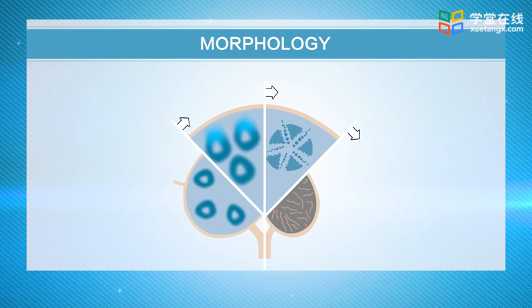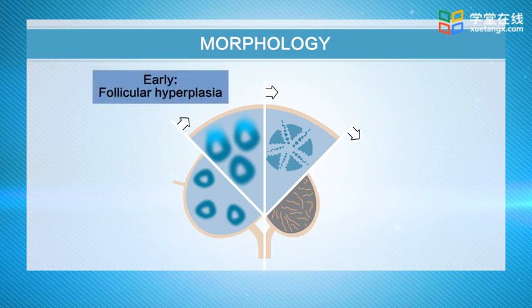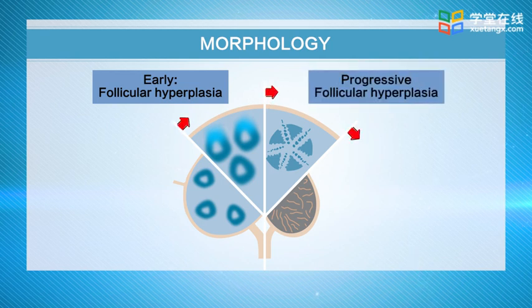Morphologically, biopsy specimens from enlarged lymph nodes in the earlier stage of HIV infection reveal marked follicular hyperplasia. With disease progression, the frenzy of B-cell proliferation subsides and gives way to a pattern of severe lymph node involution.